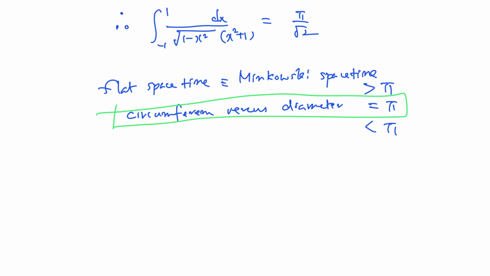I'm not very philosophical or religious, but our space-time curvature dictates that the ratio between the circumference and the diameter of a circle is pi, or the total angle inside of a triangle is pi, right? The total angle inside a triangle?